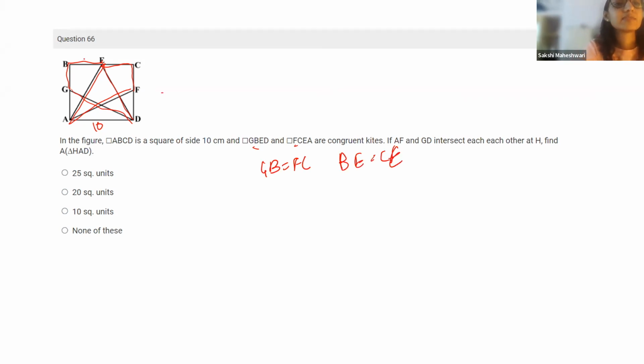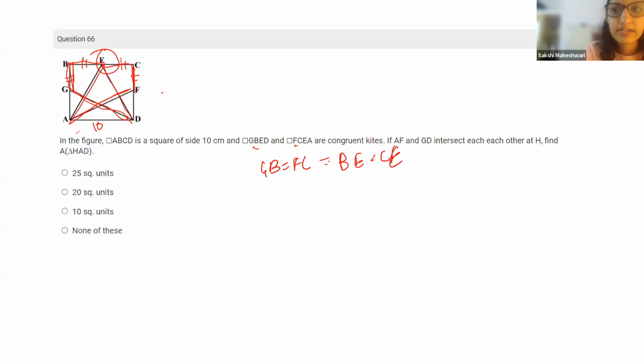Now BE equals CE easily gives you that E is the midpoint, right? And this is a square. Now when you come back to it, ED is equal to EA, so you can also see that these two are also equal. BG is equal to CF and this is also equal. So that means these are all midpoints, right? You are getting my point. So these are all equal.